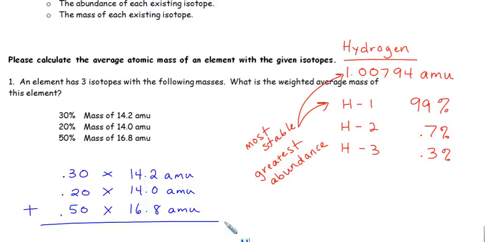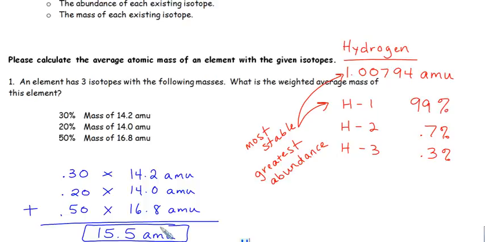So I'm going to plug this in my calculator. 0.30 times 14.2, plus 0.20 times 14, plus 0.5 times 16.8. And I'm going to round it to 3 sig figs. I'm going to try to match the data given and say 15.5 AMU.